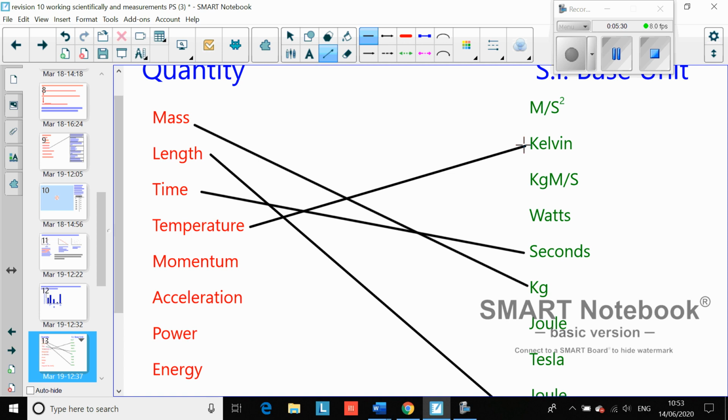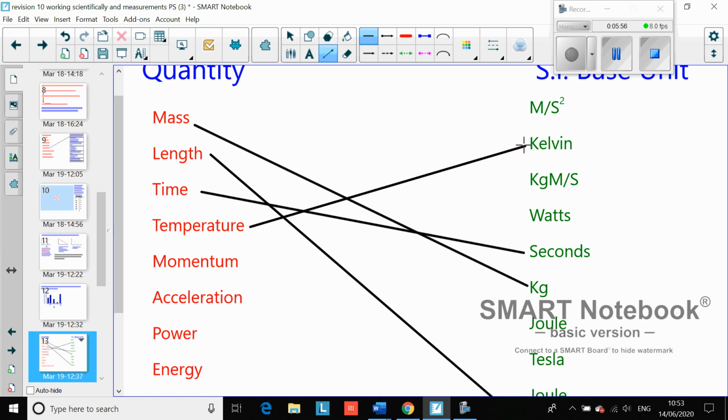Kelvin actually goes all the way down to absolute 0, which is minus 273. So 0 degrees Kelvin is minus 273 degrees Celsius. So freezing, so 0 degrees Celsius, is 273 degrees Kelvin. To be completely honest, you probably won't come across that one, so it's just an information one there for you.